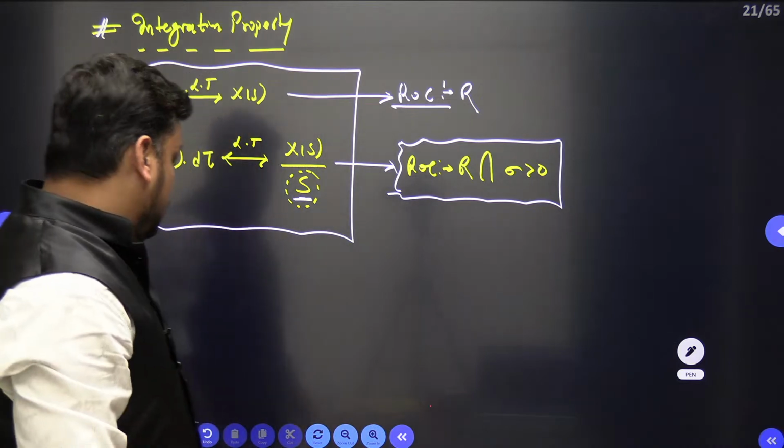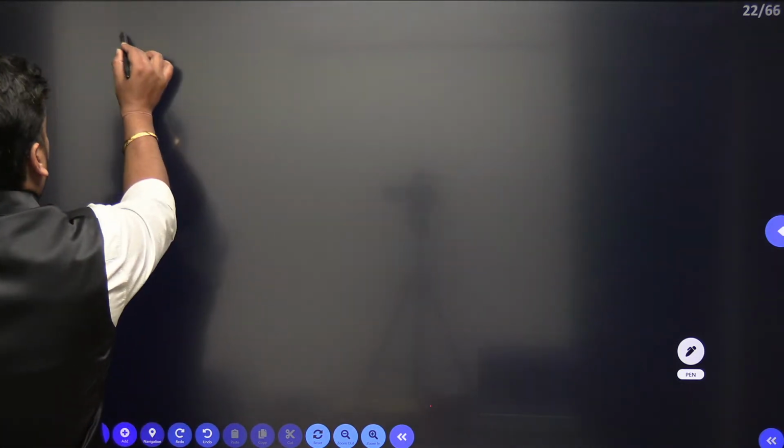Shabash. So now if I talk about the next property, the convolution property.